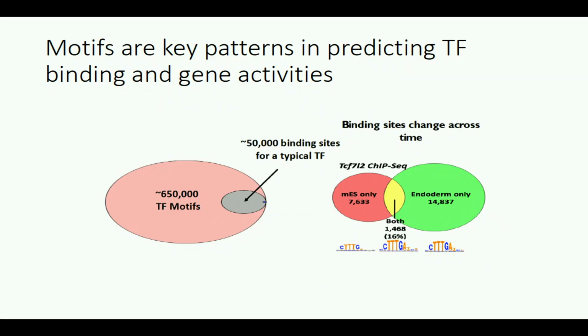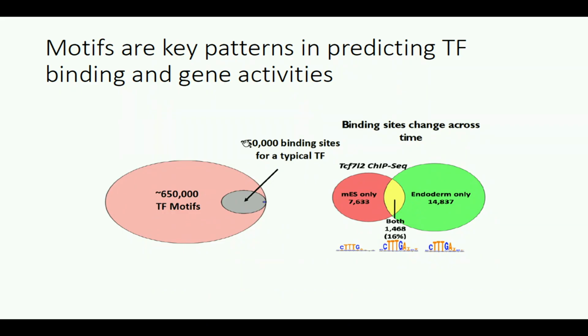Since we talk about motifs, I think basically we want to understand motifs better because we know that they're the key patterns that we try to detect when we try to predict transcription factor binding and regulatory activities. There are about 650,000 known TF motifs.